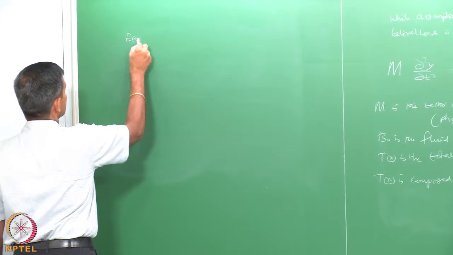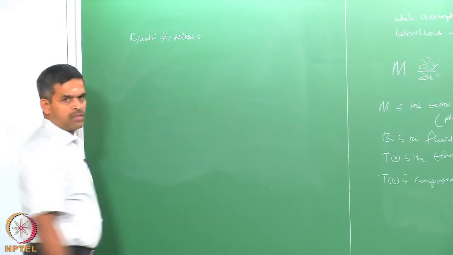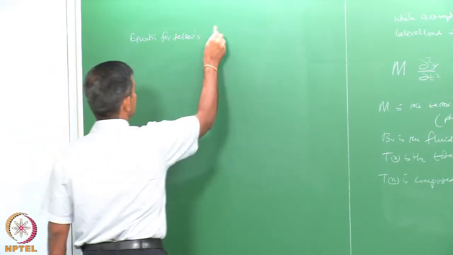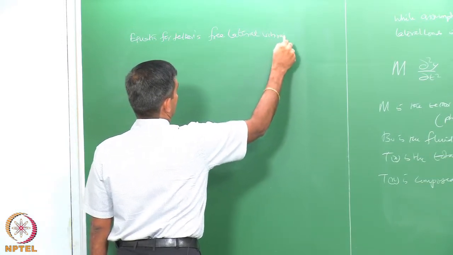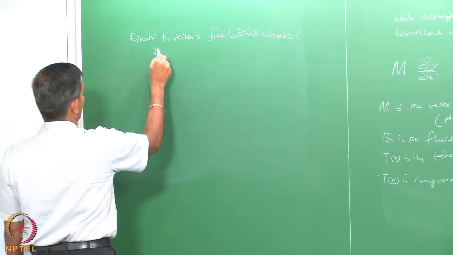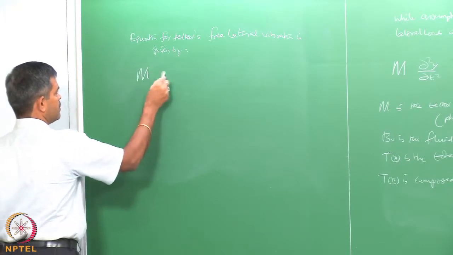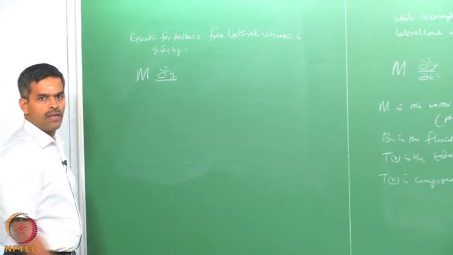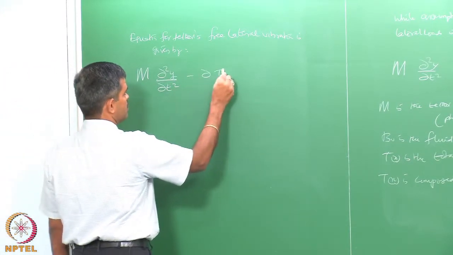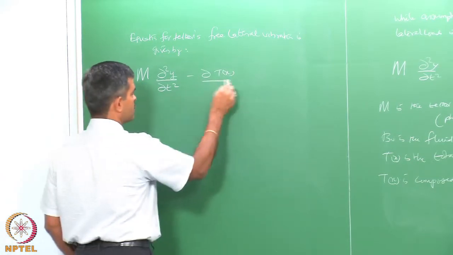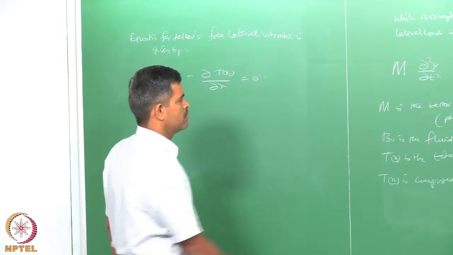Now, the equation for tether's free lateral vibration is given by m ∂²y/∂t² minus ∂Tx/∂x set to 0, which is equation number 5.